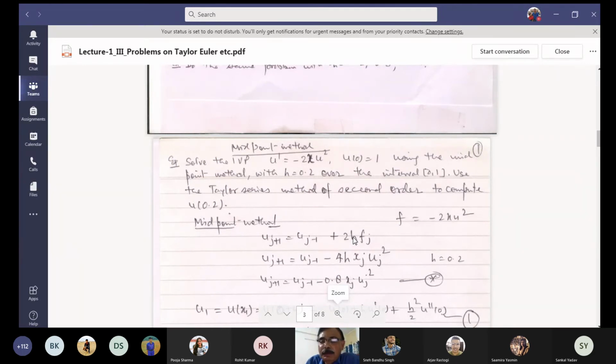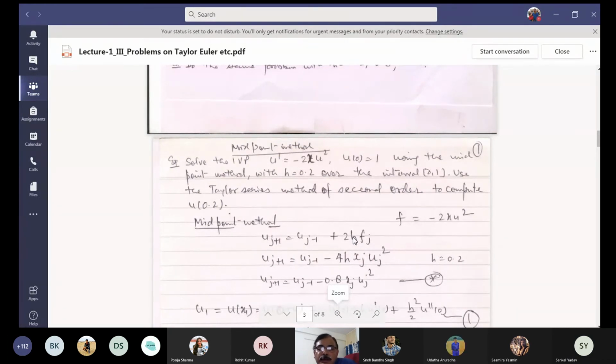For the second problem, u prime equals minus 2x u square. You have calculated u1 also. So you know the u1 value. Use that u1 value to calculate u2 using your midpoint method.